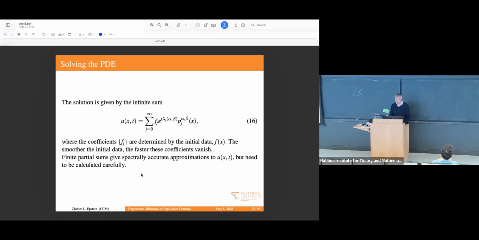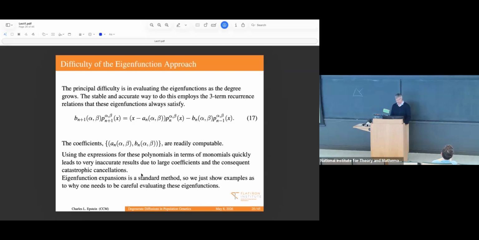But here's the thing. You have to calculate them very carefully. And this is a thing that, of course, applied mathematicians know, and most people who aren't applied mathematicians don't know. Even pure mathematicians tend not to know this fact, that evaluating polynomials of high degree, and I mean high degree could be 20, is extremely difficult to do accurately if you're not careful about it.